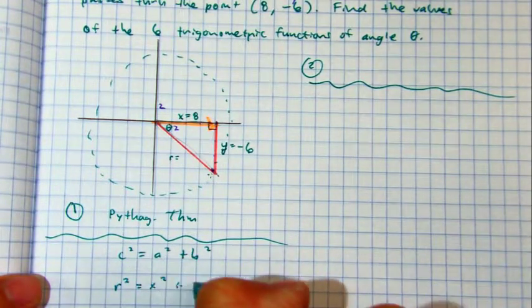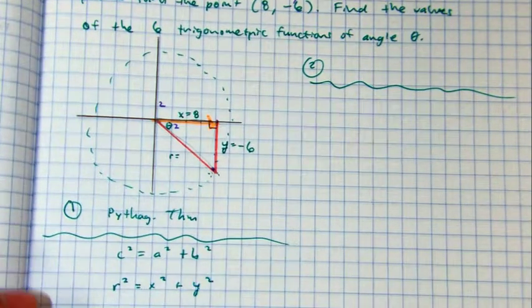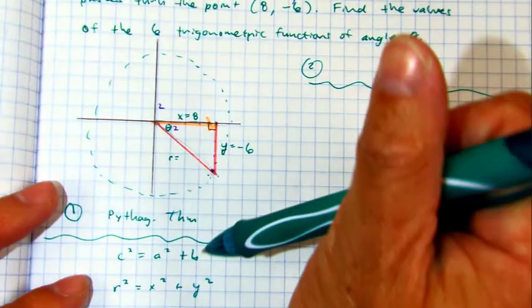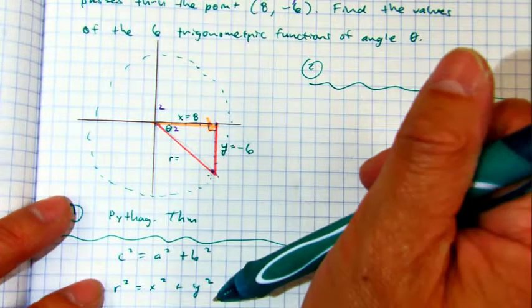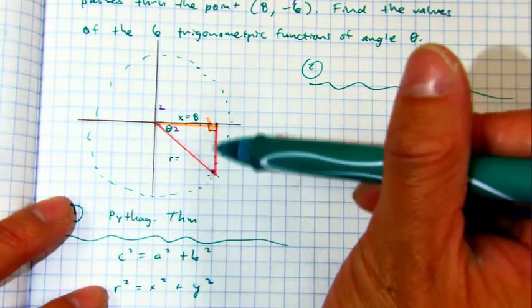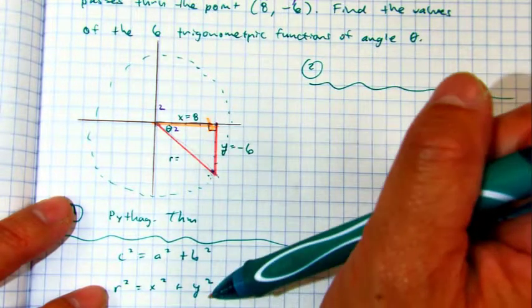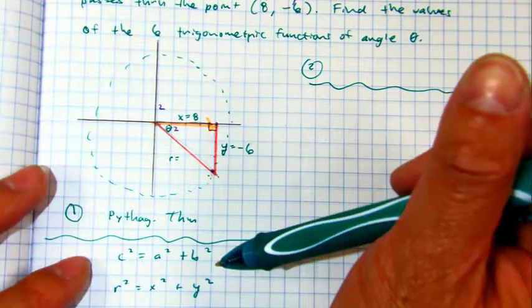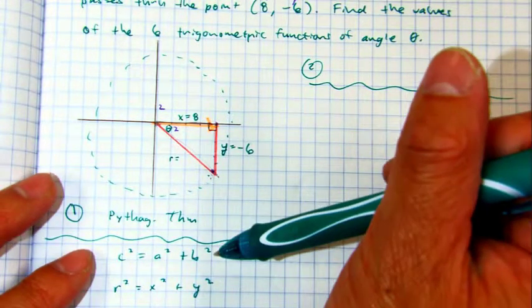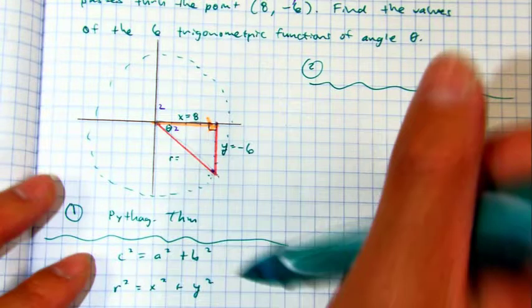Yep. When do I know when to use A, B's, and C's, X, Y's, and R's? If I put it on the coordinate plane, then I'm going to use X, Y's, and R's. If it's just a random triangle floating in space, then you can use A, B, and C. Does that make sense? Alright, let's solve it together.